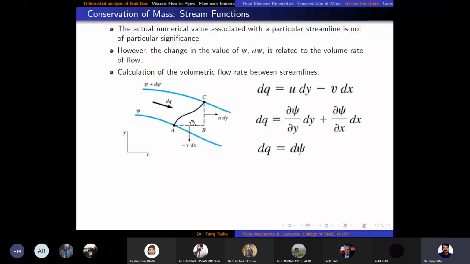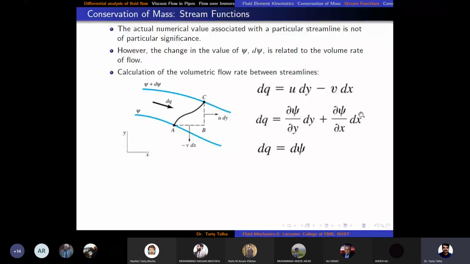Now we know that dq can be written in terms of the stream function: u is equal to partial psi upon partial y, as we did on the previous slide. Similarly, v is equal to minus partial psi upon partial x, so that minus would cancel with this minus, and it would be equal to plus.